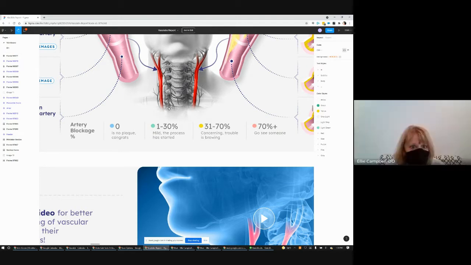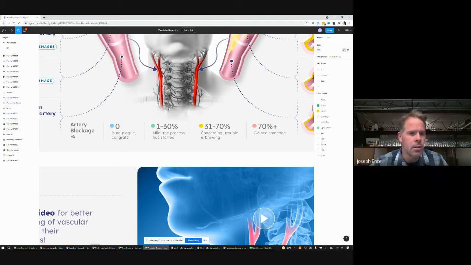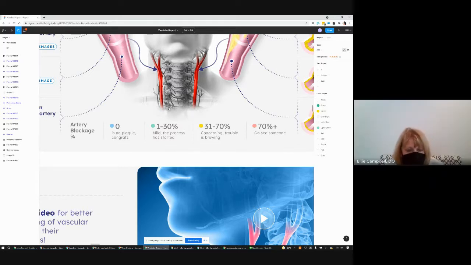What I'm asking you is, how would you cleverly rename this? You also want it to be concordant with the other numbers at the top. You don't want the slider bar to say your CIMT is 75%, but because there's no blockage of 0%, you don't want to give the false impression that there's no process started.